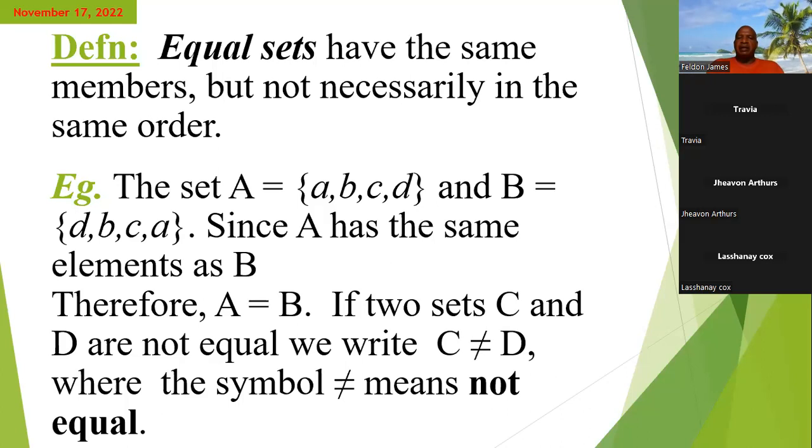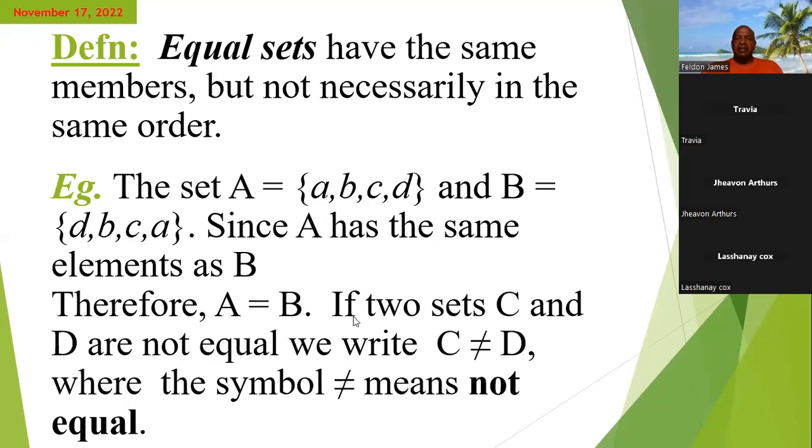Here, the number of elements in A would be 4. You simply count the members: 1, 2, 3, 4 members in A. And the number of elements in B would be 4 as well: 1, 2, 3, 4. All the members in A are the same members in B, only arranged differently.